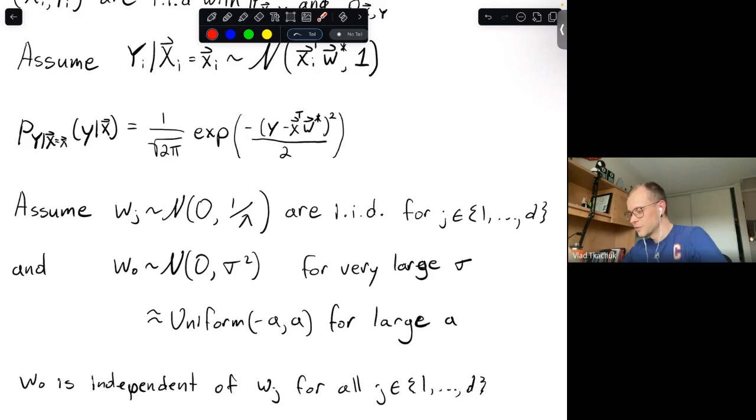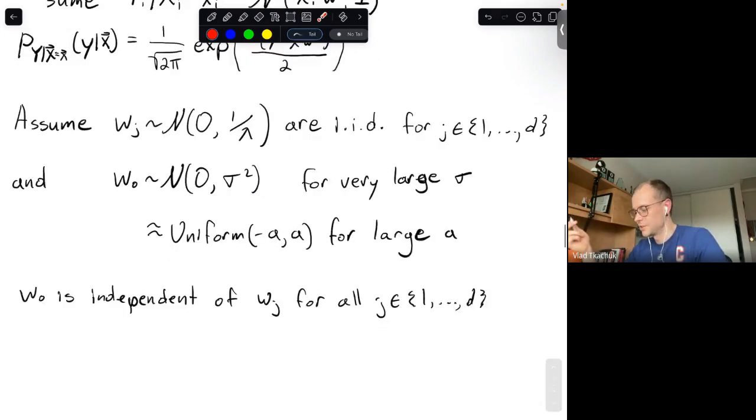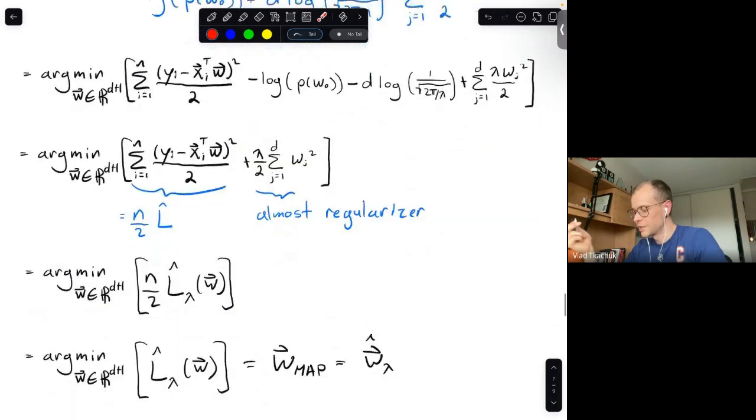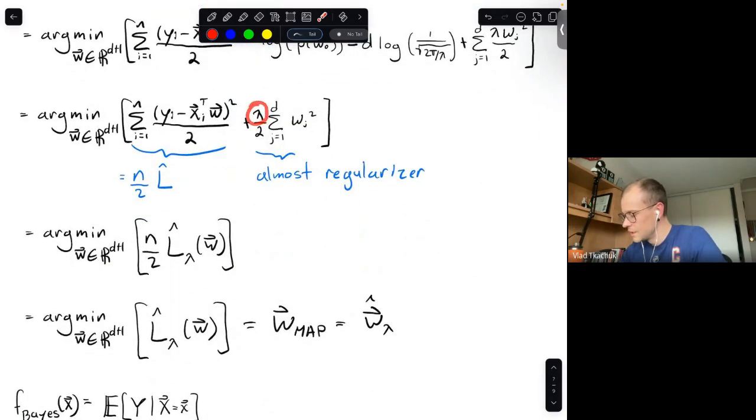That would force the parameters to be really close to 0. And that perfectly corresponds to what we saw before with regularization, which is that if we make lambda really large, then it forces the weights to be really close to 0.